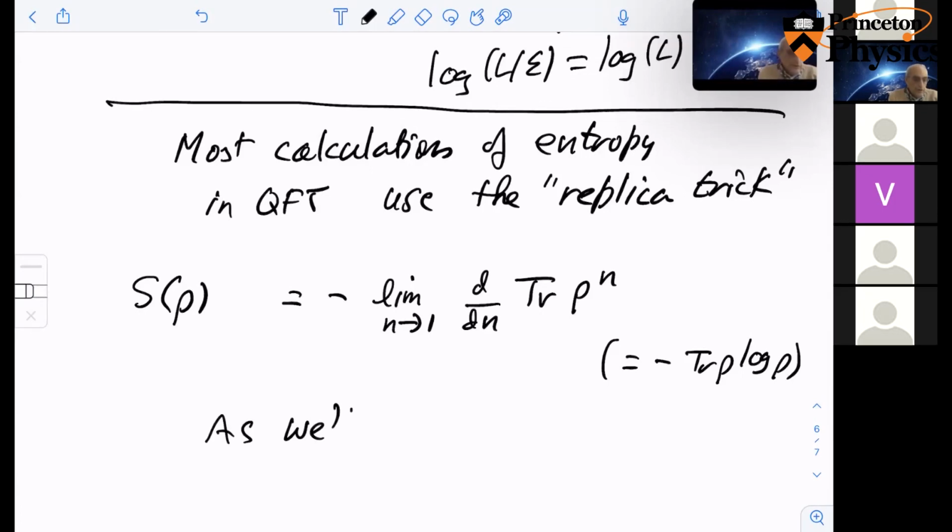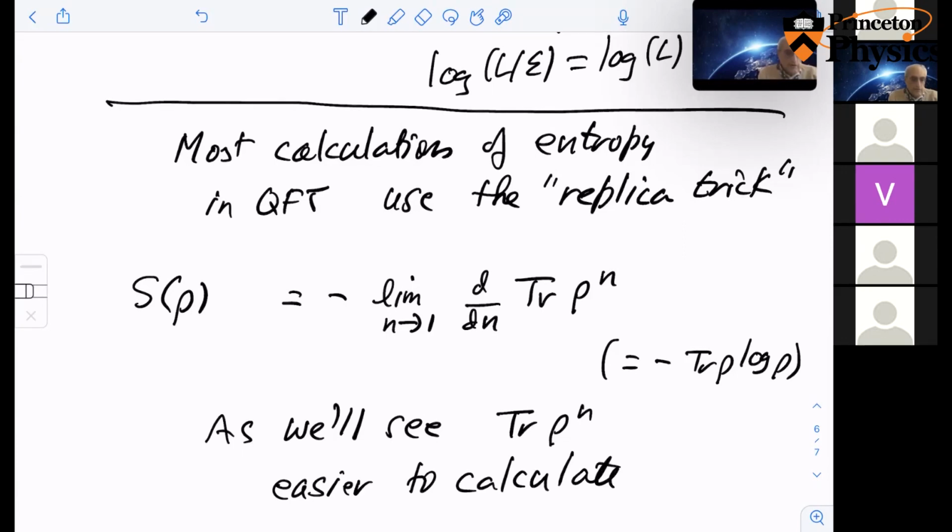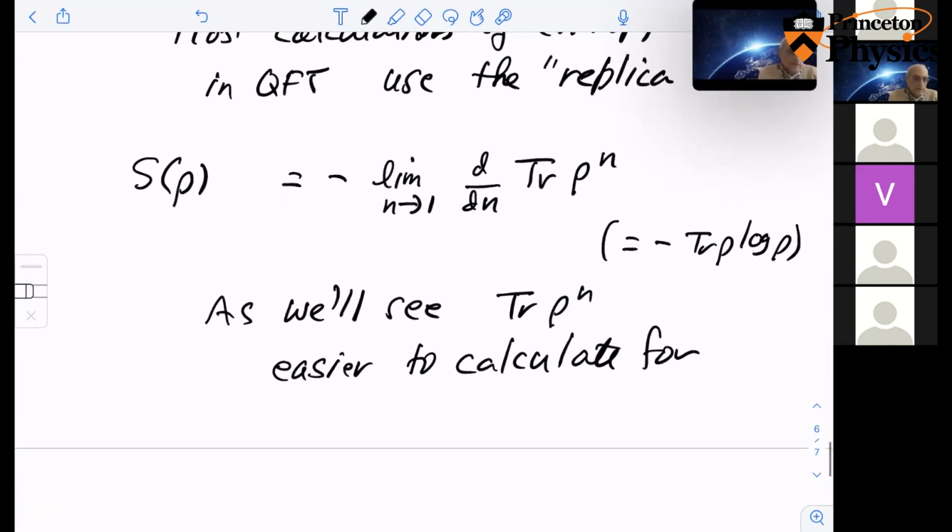So as we'll see, trace rho to the n is much easier to calculate for integer n, positive integer n.